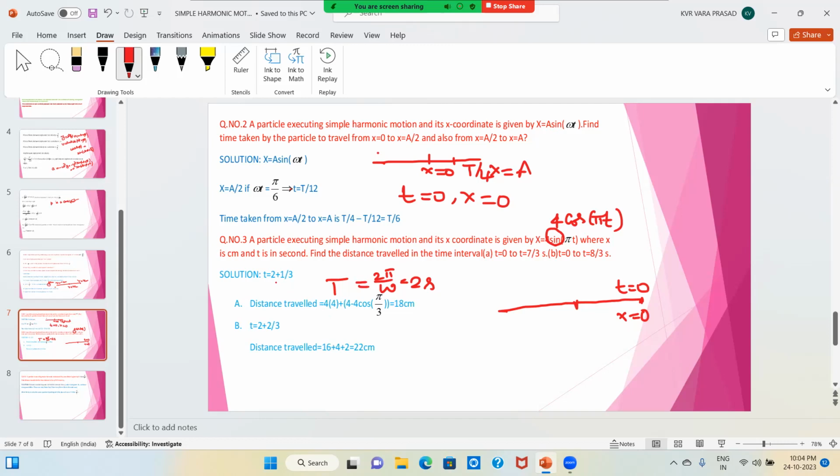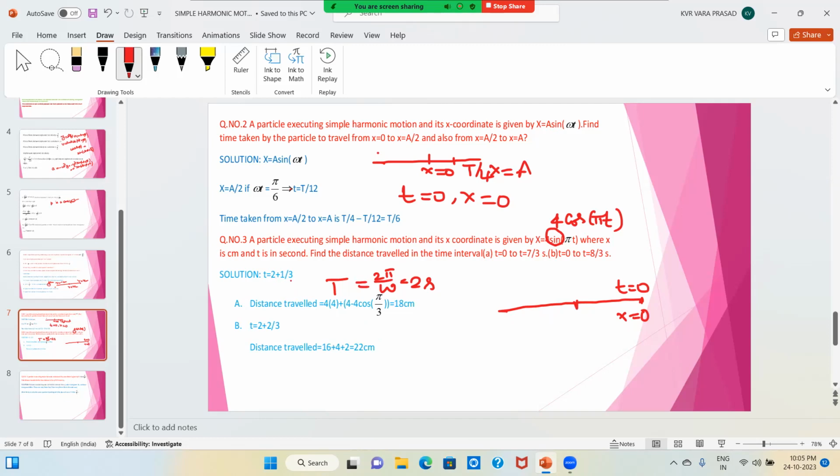So in 2 seconds it completes one oscillation, and it again comes to the right extreme. That means 4 plus 4 plus 4 plus 4, total 16. So I have written here 4 into 4, 16 in the first 2 seconds.